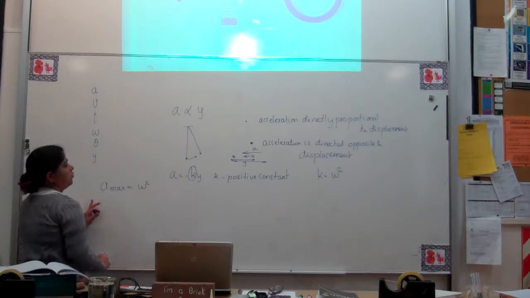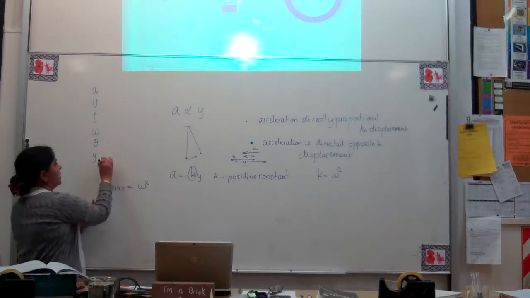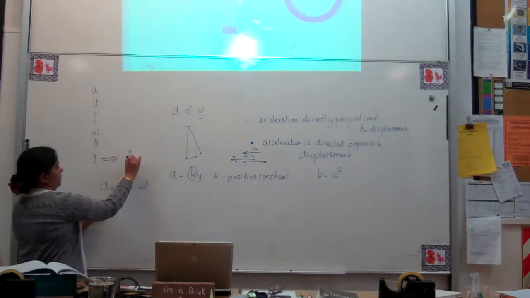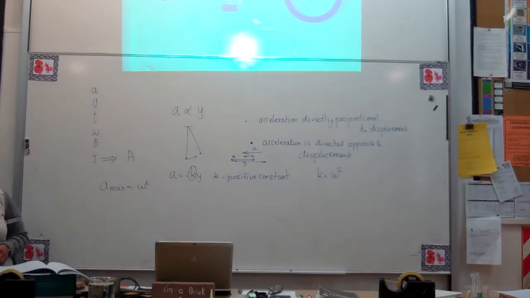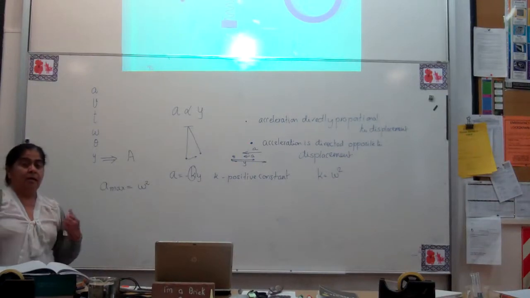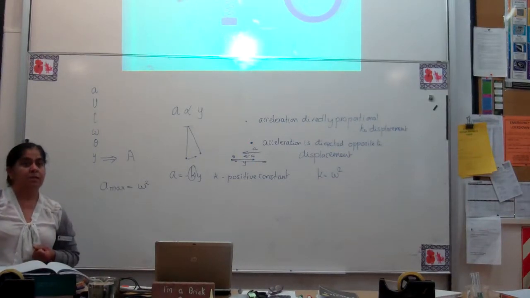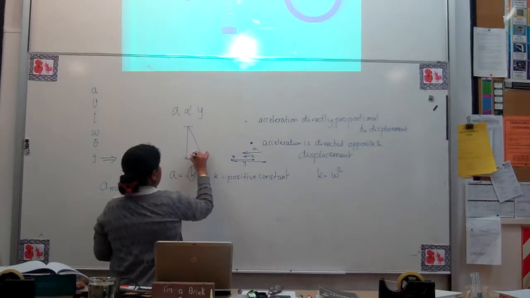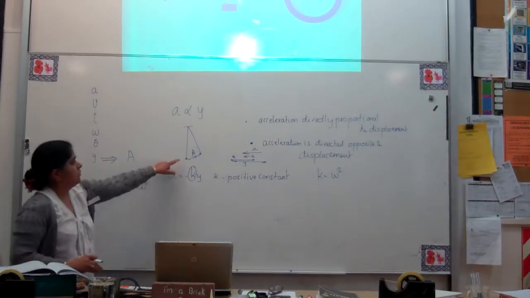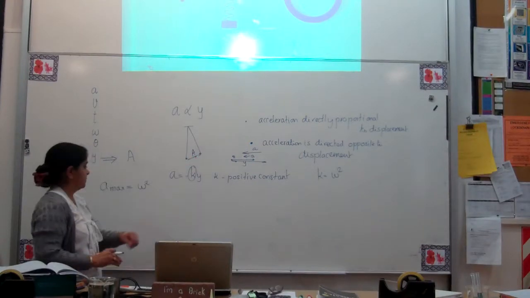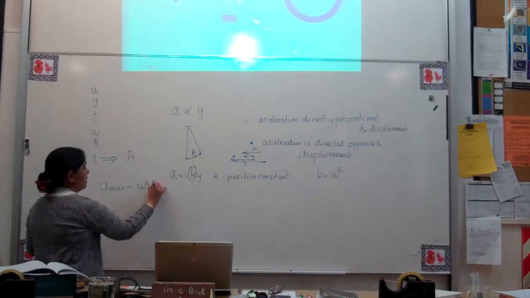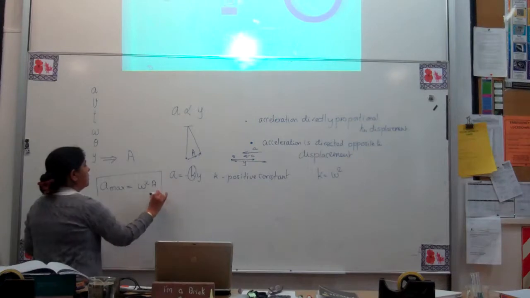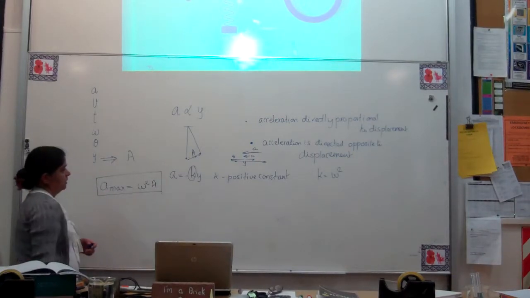I won't write it y there, but y becomes capital A. And what am I representing capital A for? Capital A is amplitude. Maximum displacement from equilibrium position. Omega squared A. That's how we calculate this.